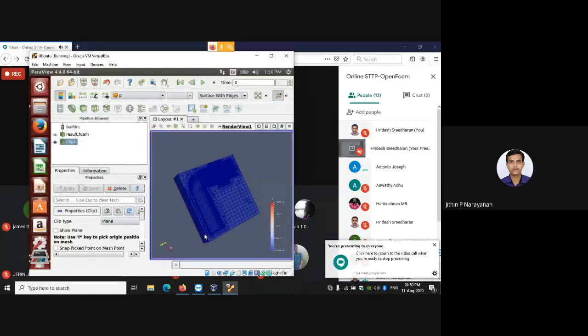Sir, I tried another problem at home. I created one rectangular prism. The bottom face and one of the side faces are considered as wall, and the top and the other side face is considered a symmetric face. Actually, I'm trying to analyze a fluid flow inside that rectangular prism.